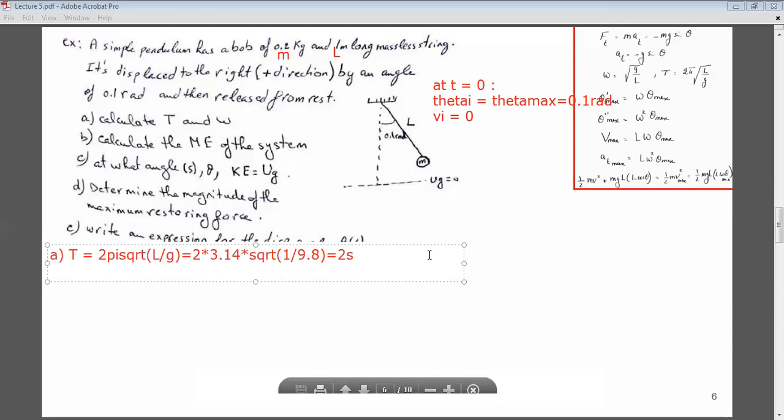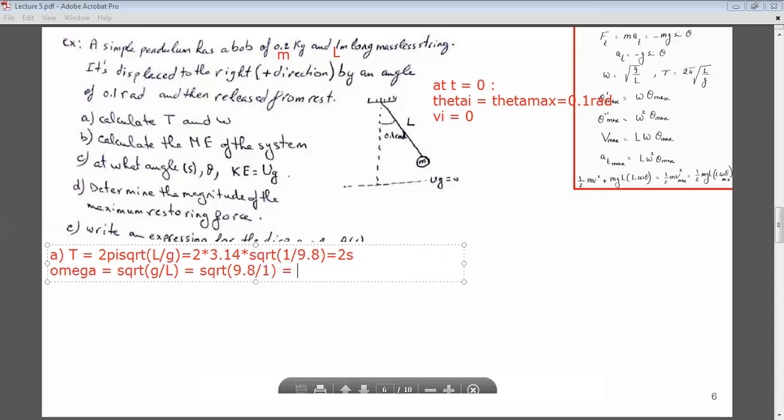Okay, and then we need to calculate omega. I have two ways to calculate omega. Either I say omega is square root of G over L. So I can directly do this. So this is square root of G, which is 9.8, over L, which is 1.